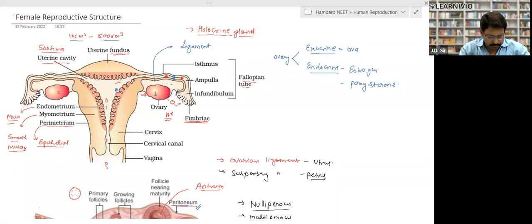It can be divided into infundibulum, ampulla, and isthmus. Infundibulum, comma, ampulla, and isthmus. Full stop.